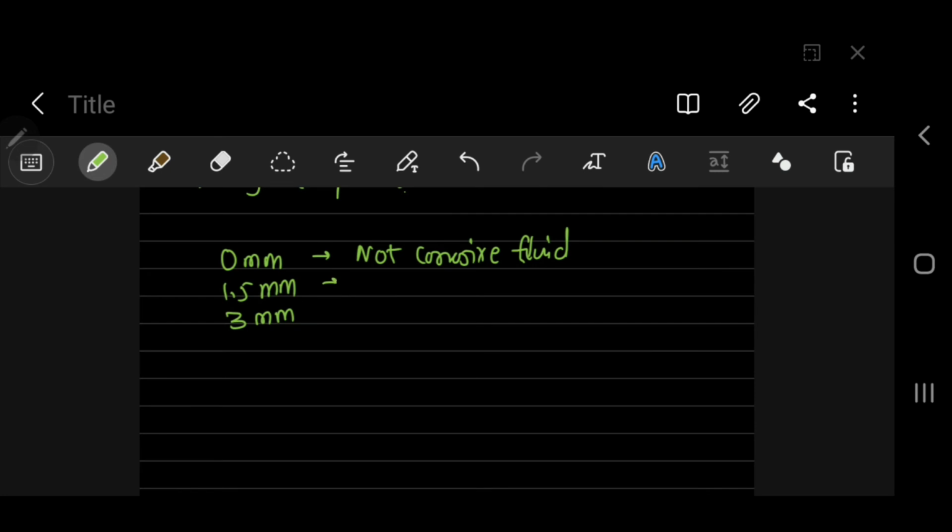If the fluid is a little corrosive, or its corrosion ability is not that much, then we will take 1.5 mm. And if the corrosion ability of the fluid is high, then we will use 3 mm of corrosion allowance, for a highly corrosive fluid.